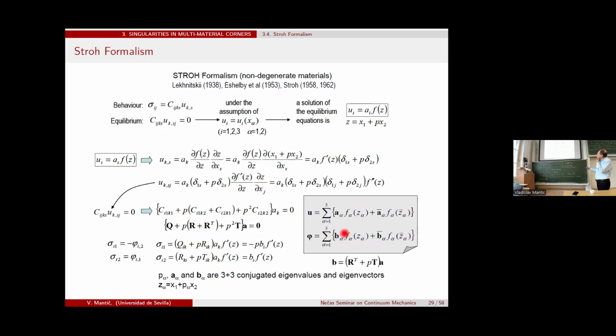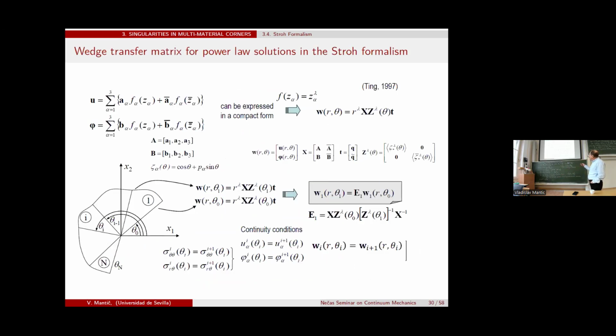U vector is given in terms of eigenvectors A, and phi stress function vector is given in terms of eigenvectors B and their conjugates. So this allows us to treat U and phi together.